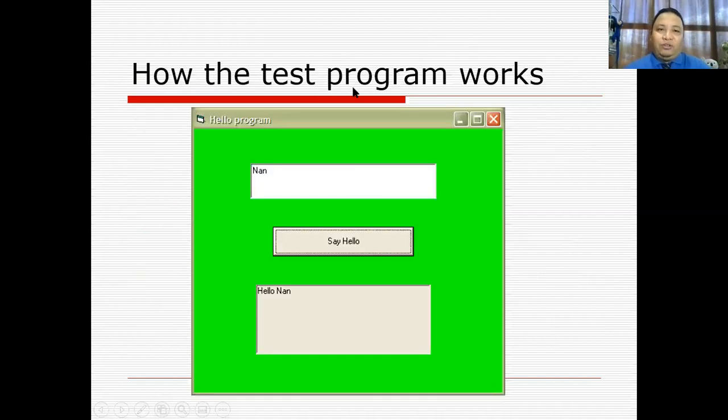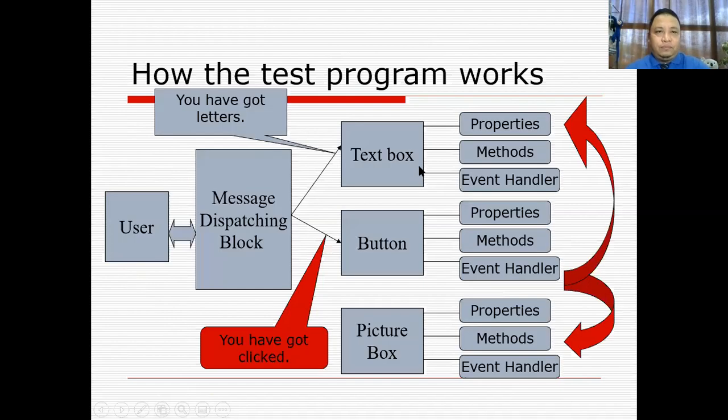Now, how do we test that the program works? When you click Say Hello, this is your input, and the output is Hello now. So this is an example of how the test program works.